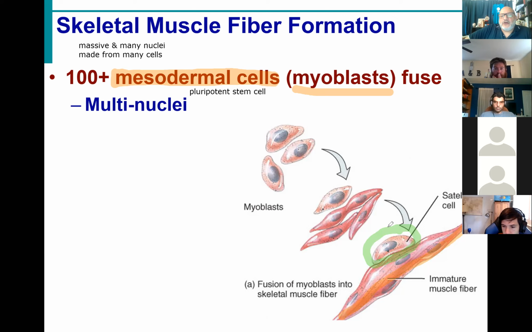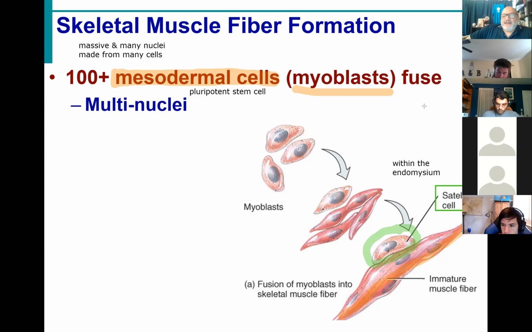There are a few cells that stay independent right up next to the muscle cell. They are actually going to be within the endomysium, but are not actually a part of the muscle cell. And these special cells are what are known as satellite cells.